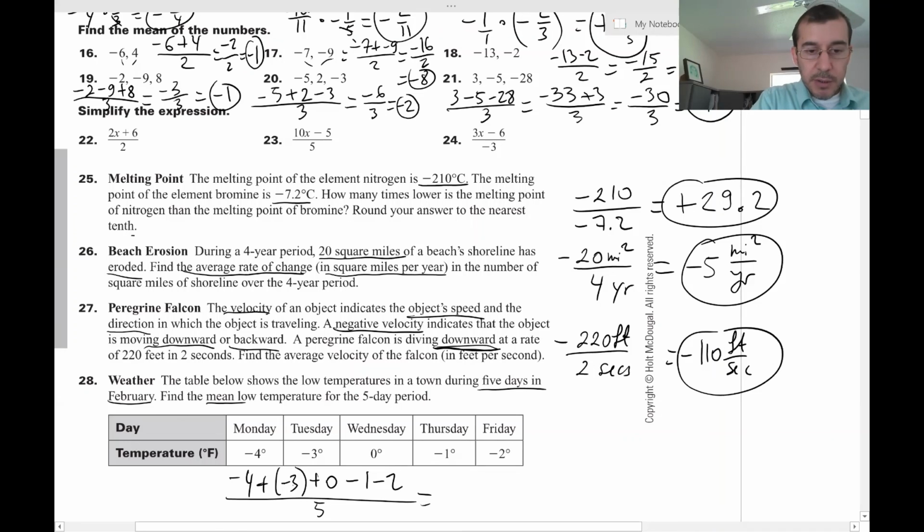So -4 and -3 is -7, and -1 is -8, and -2 is -10. So -10 over 5, the quotient will be negative, different signs, negative. 10 divided by 5 is 2, because 2 times 5 is 10. So -2, and this is Fahrenheit.